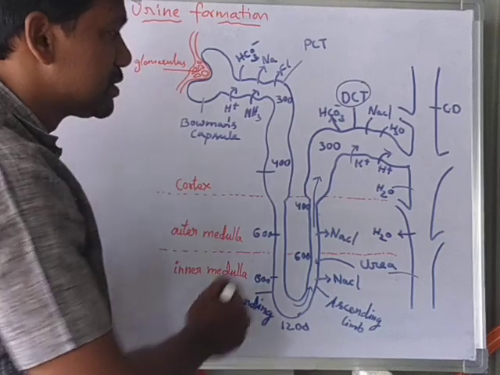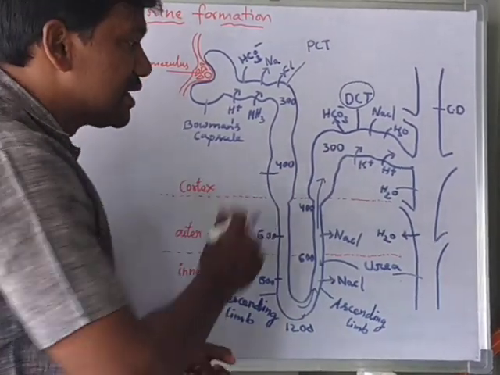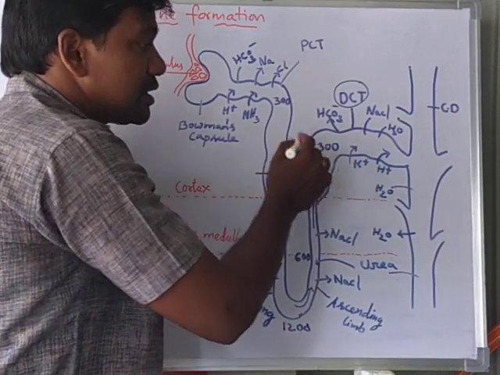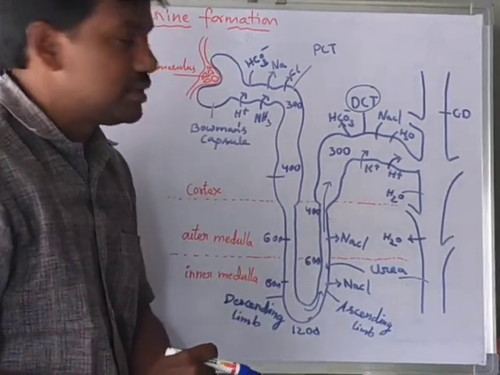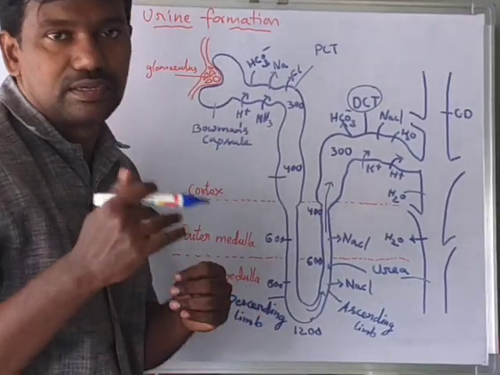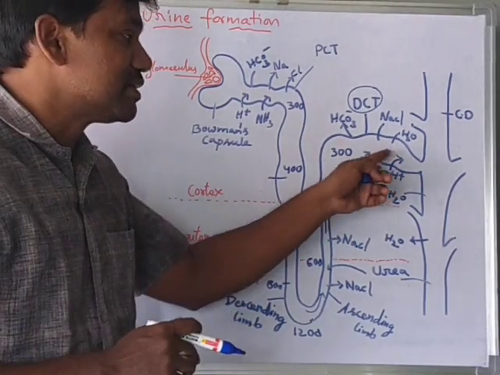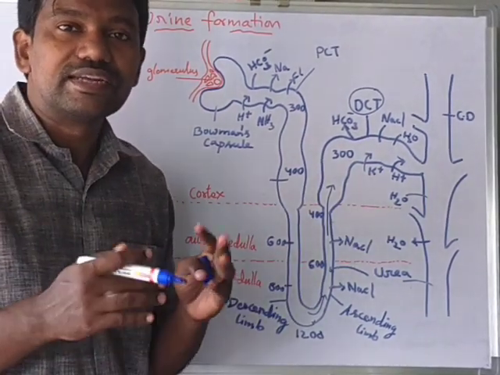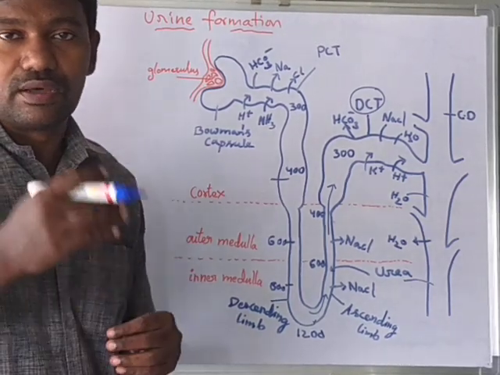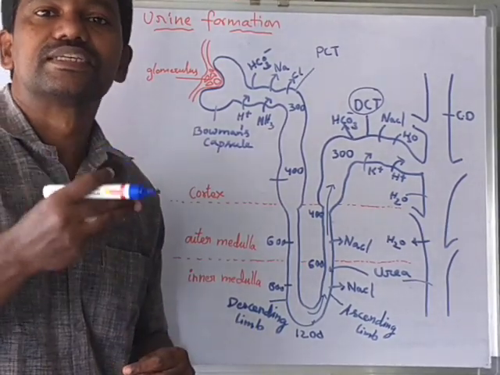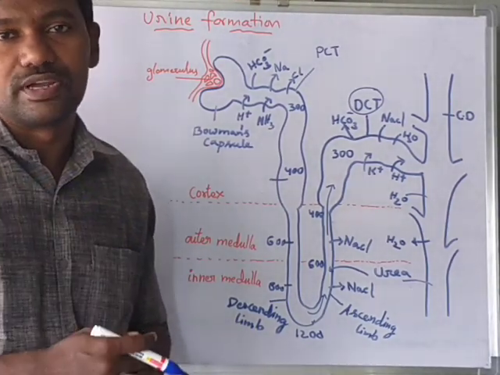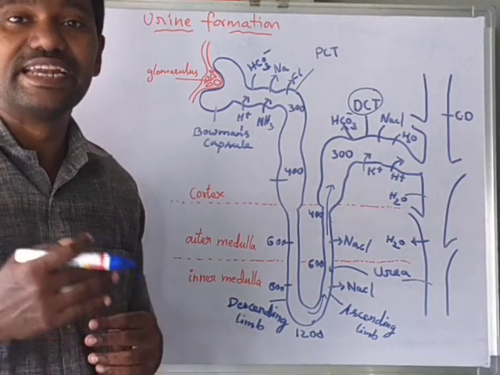When it comes into the distal convoluted tubule, facultative reabsorption takes place in this segment. Facultative reabsorption means the reabsorption of substances is regulated by a hormone, that is ADH.